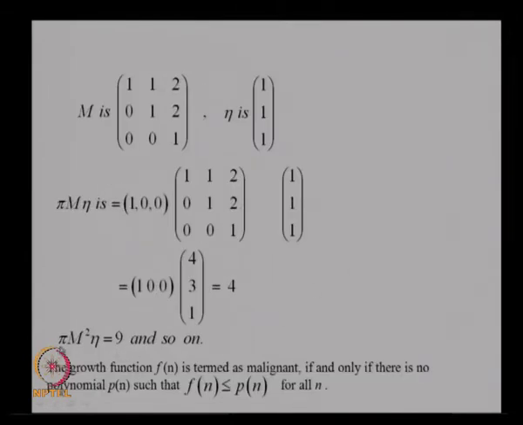If you calculate pi M squared eta, that will be 9. So, in general at the nth step, the length of the string is given by pi M power n eta, and you can specify the growth function in this manner, making use of the Parikh vector for the axiom and the growth matrix. Now, if the growth function is polynomially bounded, it is not malignant. If it is not bounded by a polynomial, it is called malignant.